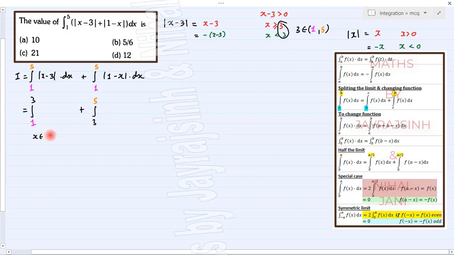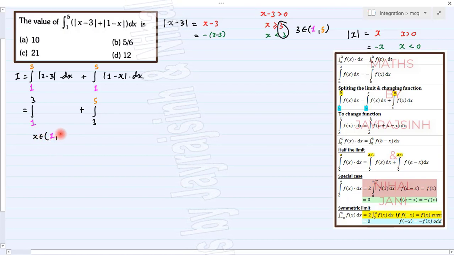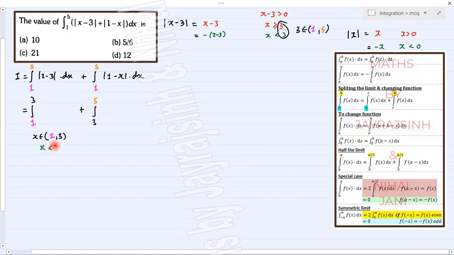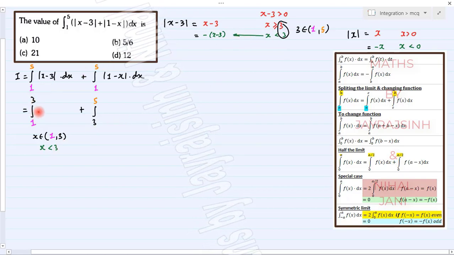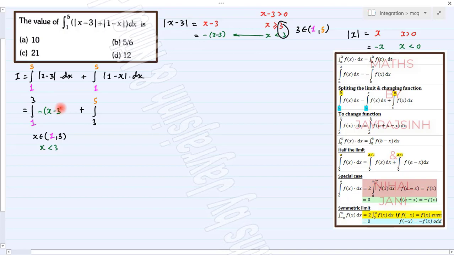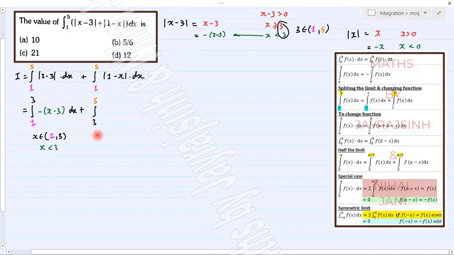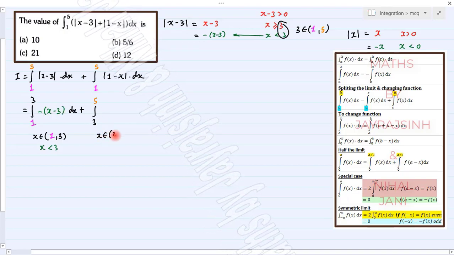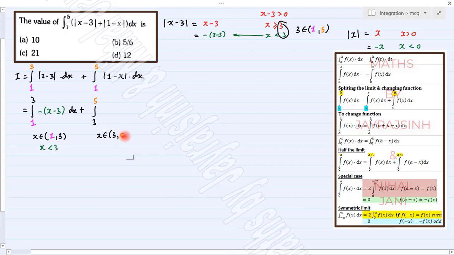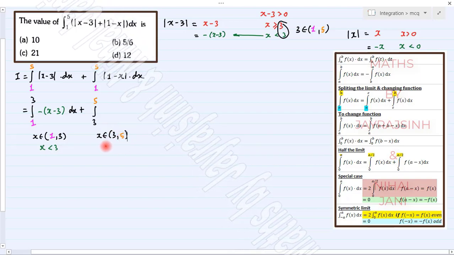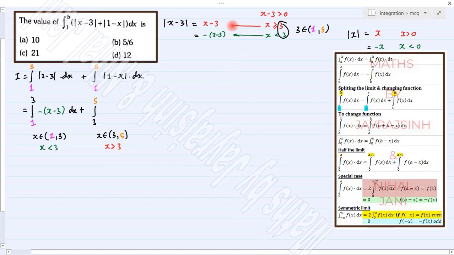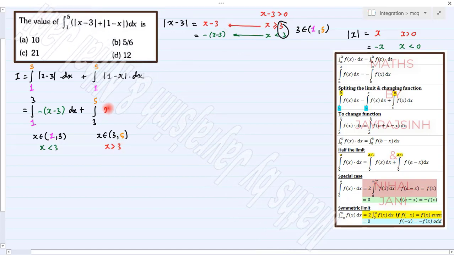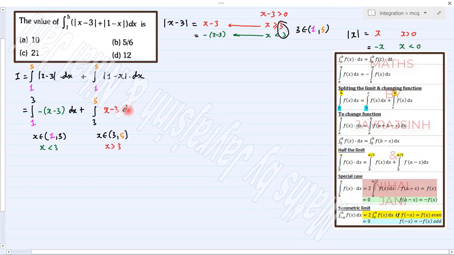For x belonging to 1 to 3, x will be less than 3. For x less than 3, the function must be minus x minus 3. Similarly, in the second term, x belongs to 3 to 5, or we can say x is greater than 3, and for x greater than 3, the function must be x minus 3.